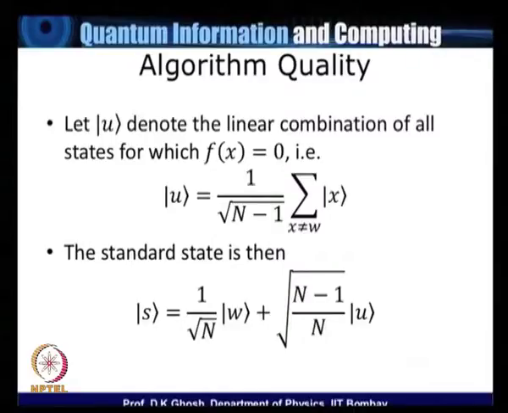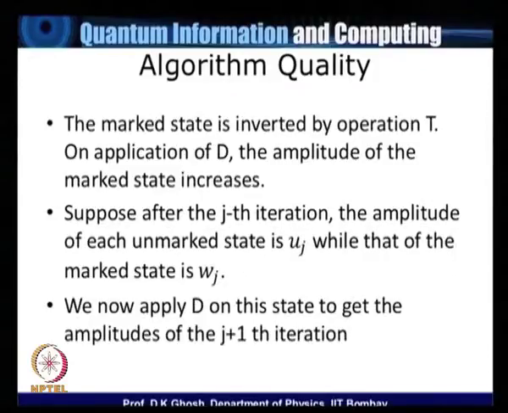And the standard state is simply 1 over square root of n w, which has been separated out, and this. The marked state is inverted by the operation T. That is my first state. On application of the diffusion operator, the amplitude of the marked state increases.